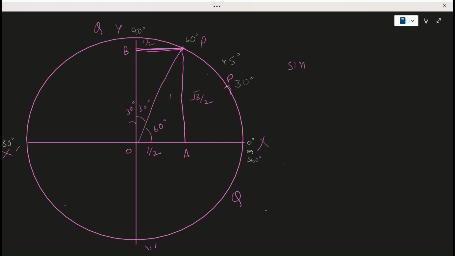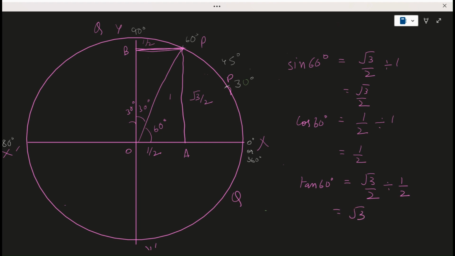Let us now quickly calculate sine 60 degree, that is under root 3 by 2 divided by 1, that is under root 3 by 2. Cos 60 degree, that is base upon hypotenuse, half divided by 1, that is 1 by 2. Tan 60 degree, this is perpendicular, that is under root 3 by 2 divided by our base, that is half, which is root 3.